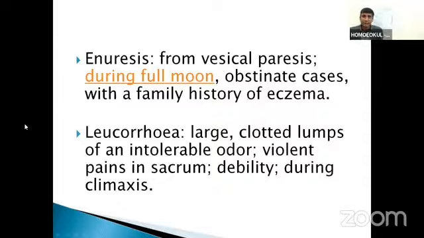In Cantharis, there are no moon phases. There are no moon phases in Cantharis. That moon phases you will get in BBCR and BTPB, but not in Kent. And next, very important thing, in Cantharis you'll get moonlight aggravation.